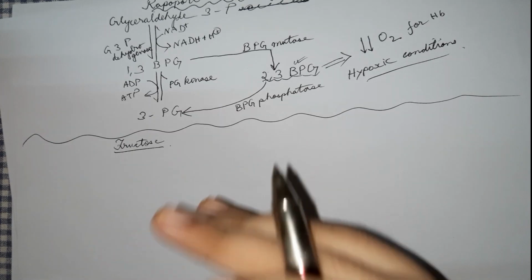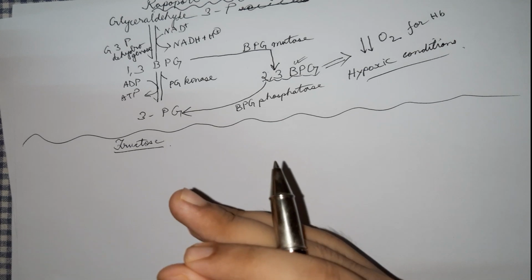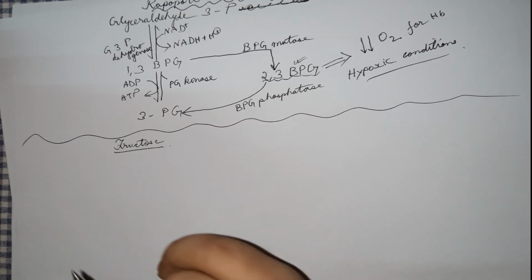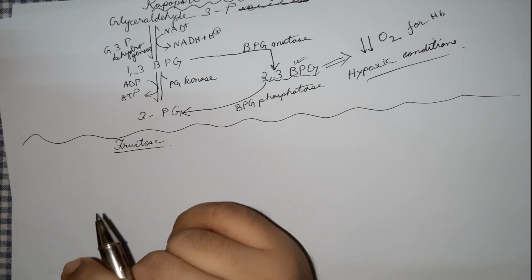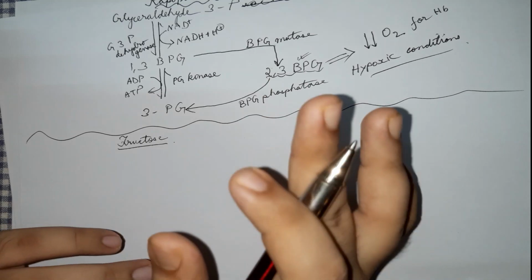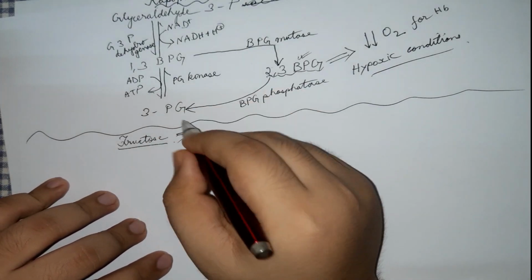How does that occur? By facilitated diffusion. So fructose enters the epithelial cells by facilitated diffusion.